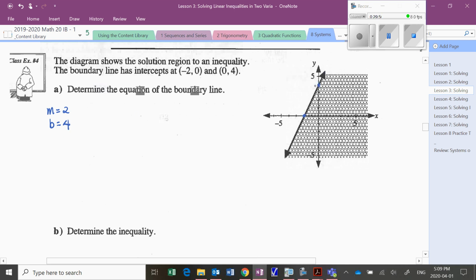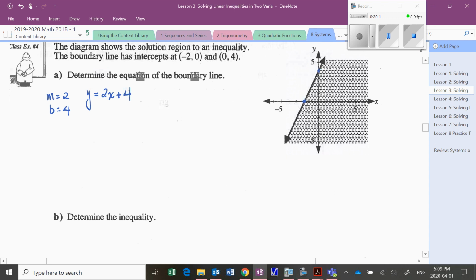So the equation for this line then is y equals 2x plus 4. So that's pretty straightforward. If you didn't have the ability to count, if they've just given you points, then certainly you could use the slope formula as well, or you can use point slope form.